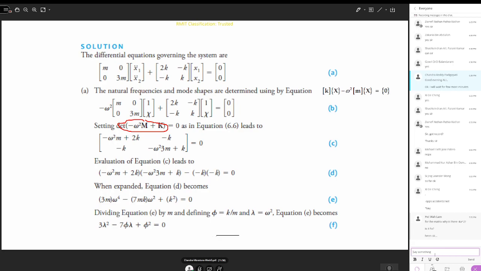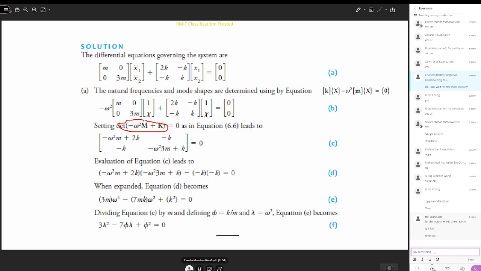So we multiply the mass matrix with omega square, and we write the K matrix. Then the determinant of negative omega square m plus K we equate to 0.